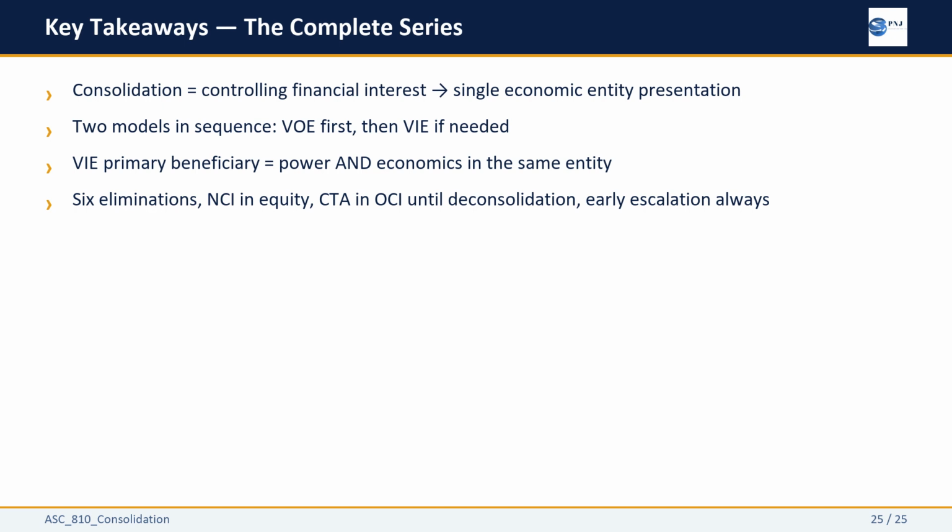The mechanics: 6 eliminations, NCI within equity, CTA accumulating in OCI until deconsolidation. Execute the consolidation accurately. Audit documentation, roles, and the period-end checklist are the controls that ensure the process is complete and defensible. You now have the full framework.